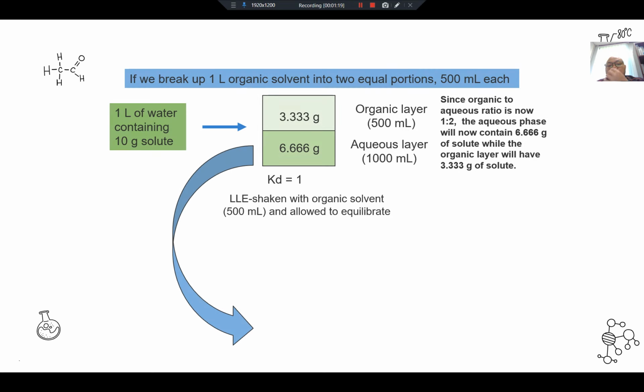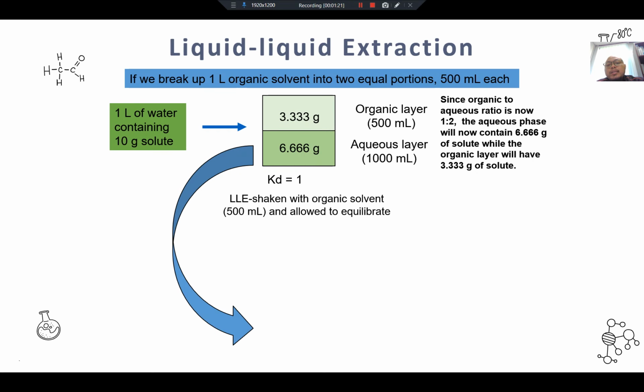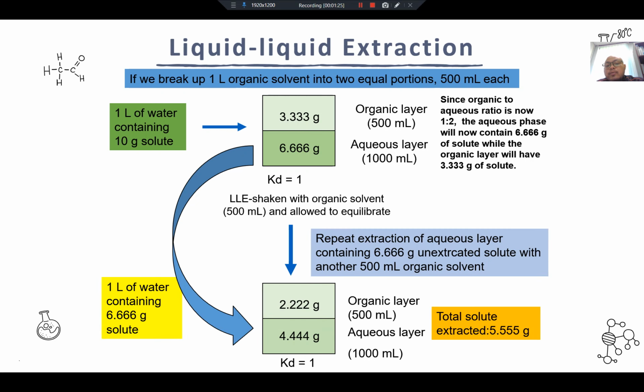Okay, so if we break 1 liter of organic solvent into 2 equal portions of 500 ml each, the first one you get 3.33 gram, if we follow that KD equal to 1. Okay, KD equal to 1, right? So you get about 3.33 gram.